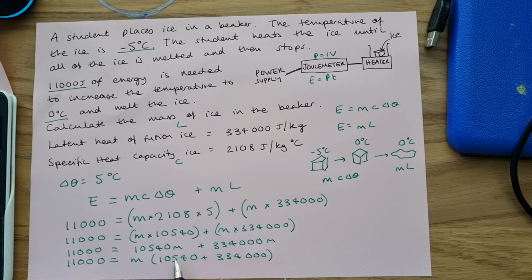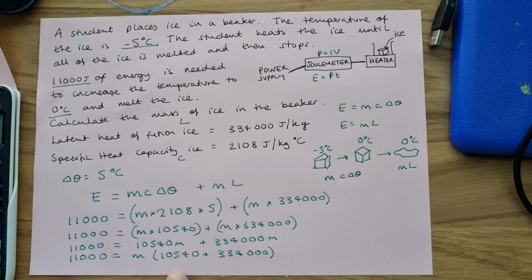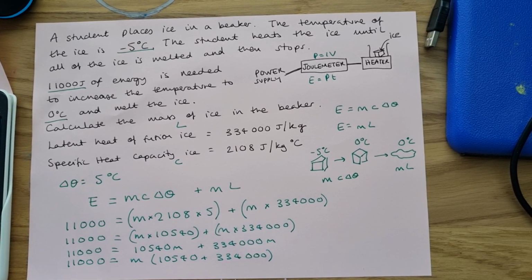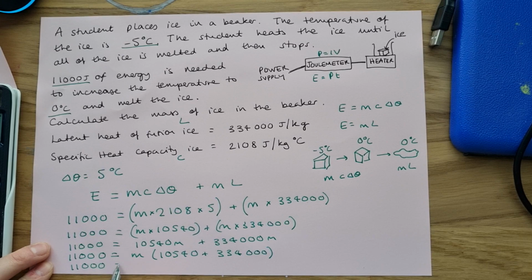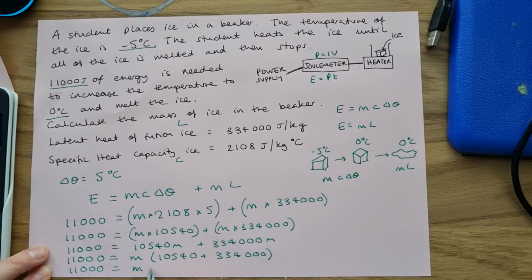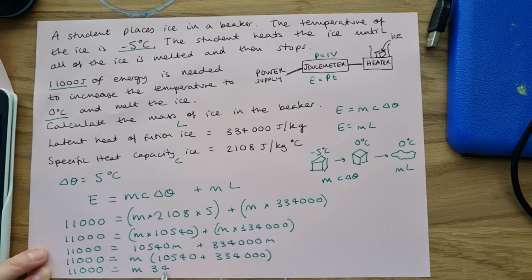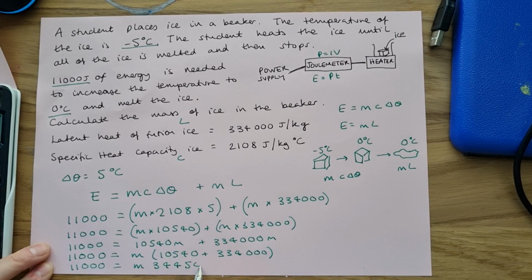Then I can add those sums together. So 10,540, which is still on my calculator, plus 334,000 gives me 11,000 is equal to m times 344,540.